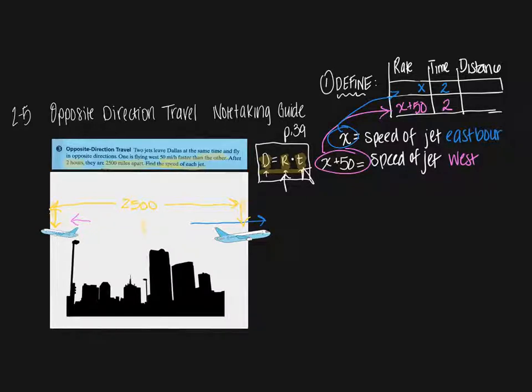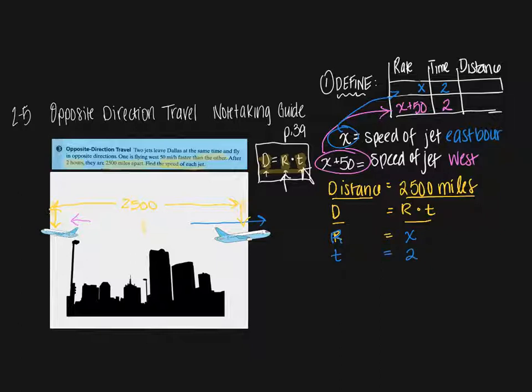So how am I going to end up representing that? Well, if my distance equals 2,500 miles, and I know that d equals r times t, and I know that my r for my eastbound guy equals x, and I know that my blue t equals 2.